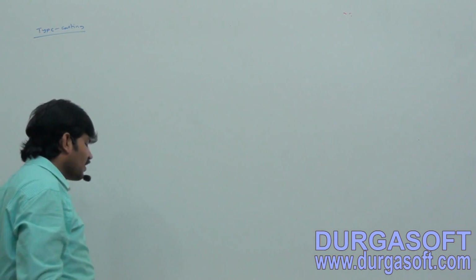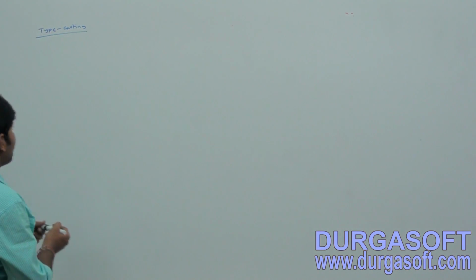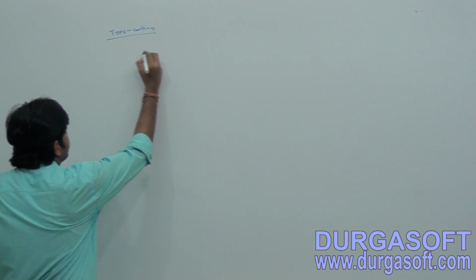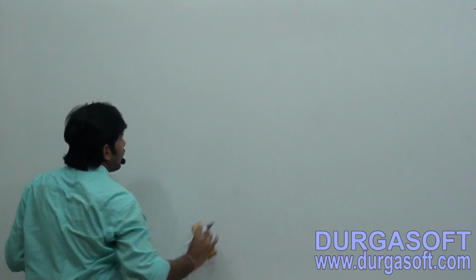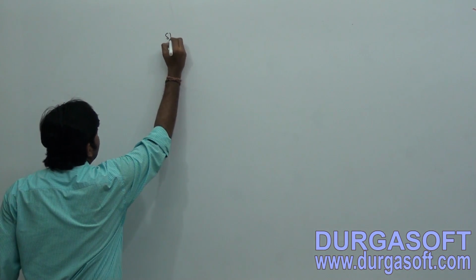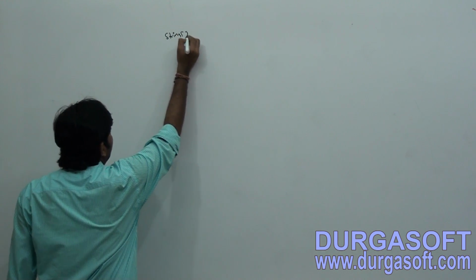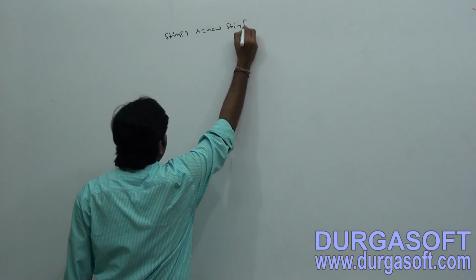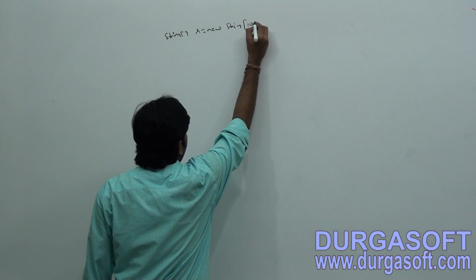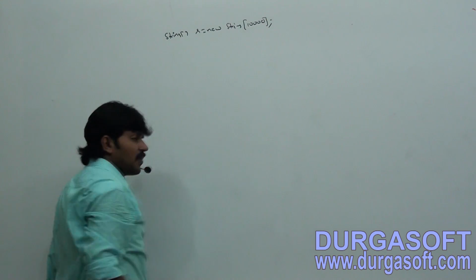Listen to this one. Sir, I have one string array. For this string array we can add only string type of objects.